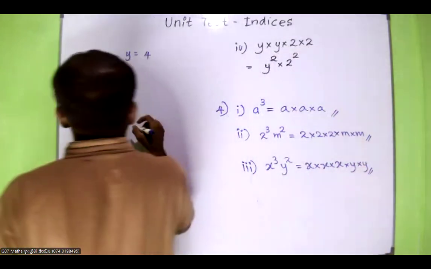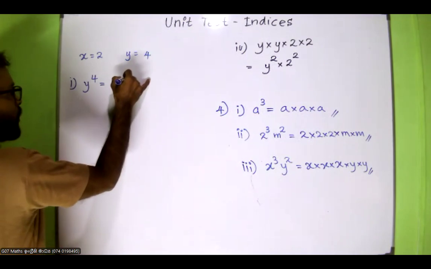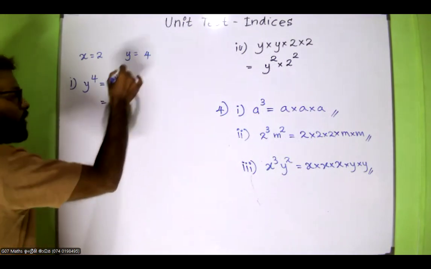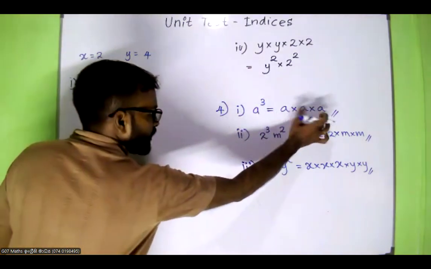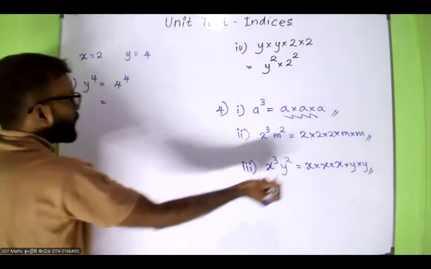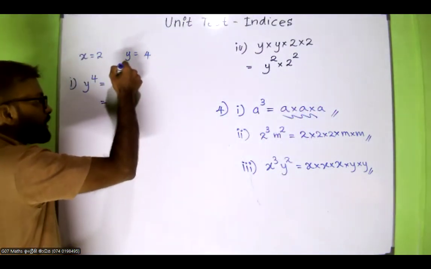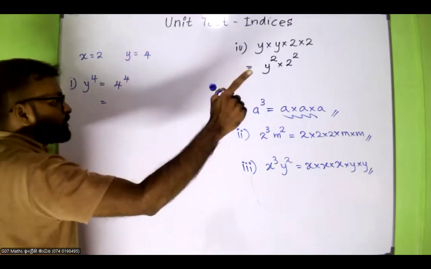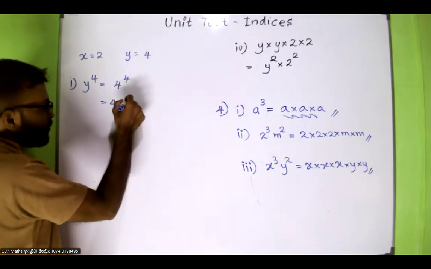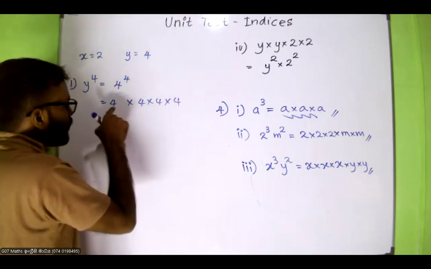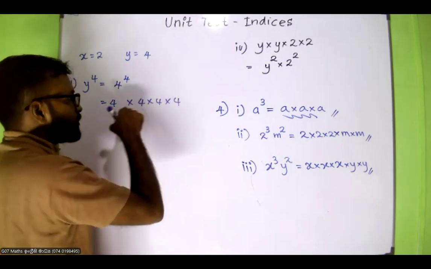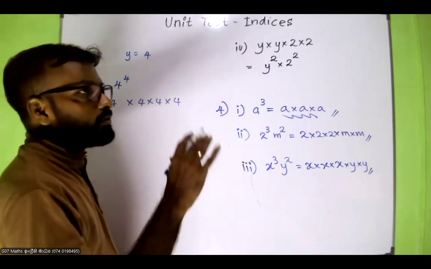Then it becomes 4 to the power 4. 4 to the power 4 means again you have to expand it like this. 4 has been repeatedly multiplied 4 times: 4, 4, 4 and 4. 1, 2, 3, 4. Yes.